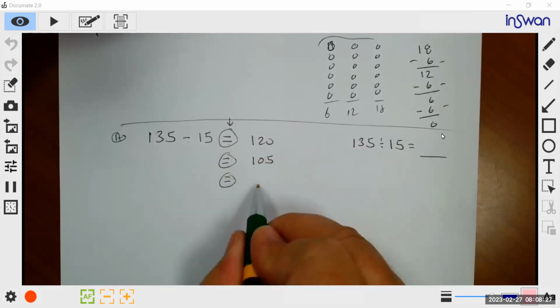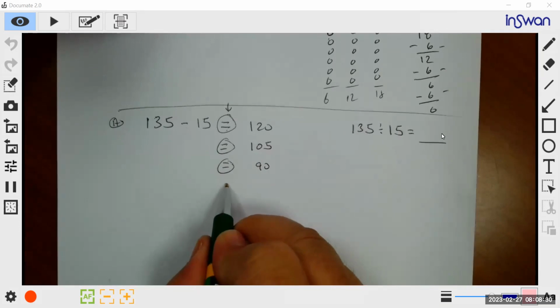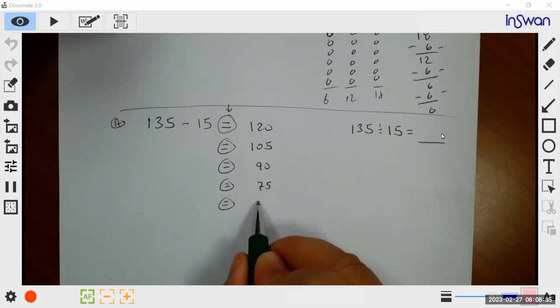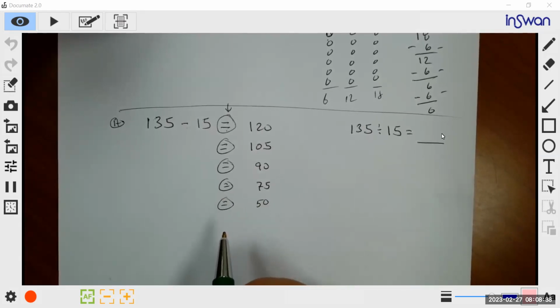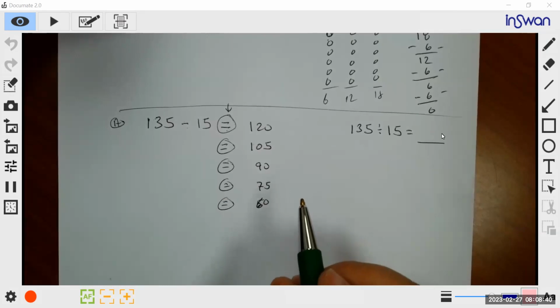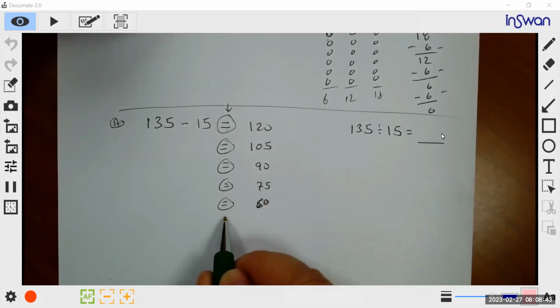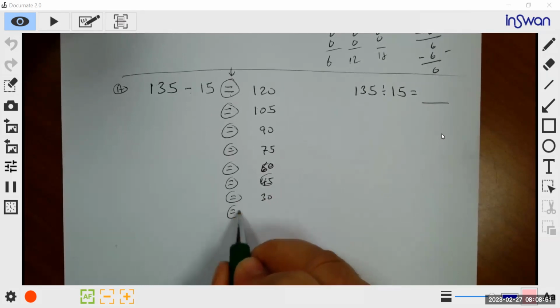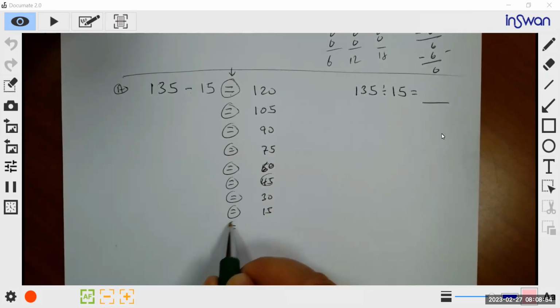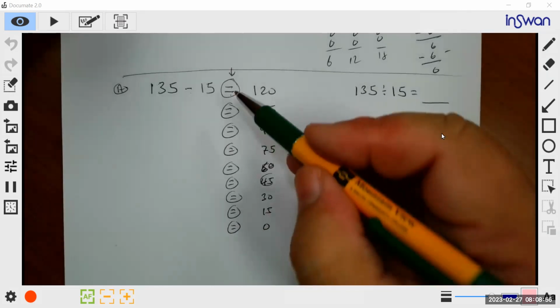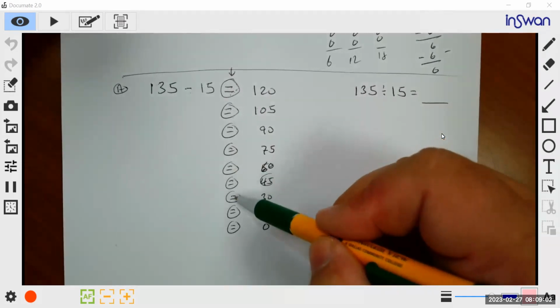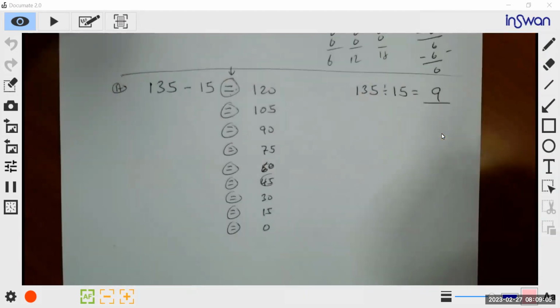Press it again, you get 90, then 75, then 60, then 45, then 30, then 15, and then 0. So count the number of times you press the equal sign: 1, 2, 3, 4, 5, 6, 7, 8, 9. And that's your answer.